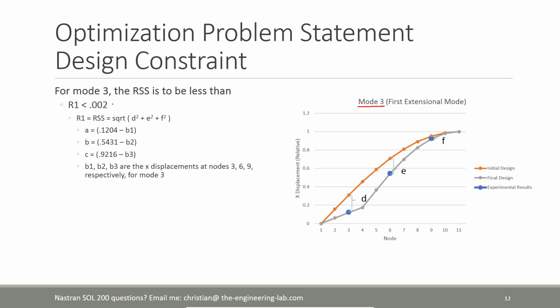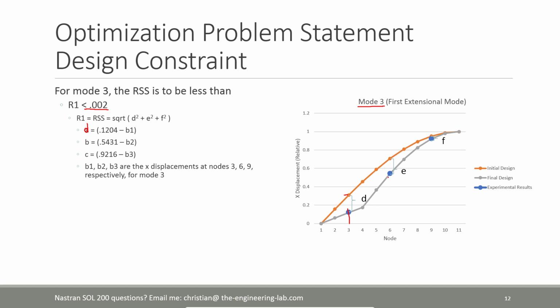But here, instead of saying we want to minimize the error, we are going to say that we want the error to be below 0.002. So we are going to take the difference between the FE model and the experimental results from node 3. So here we have a new expression. This should actually be D.